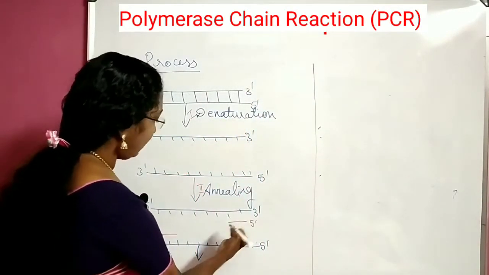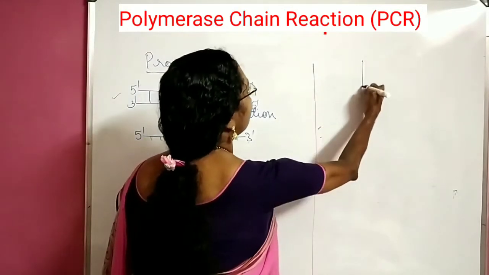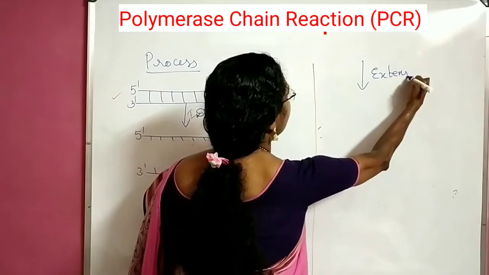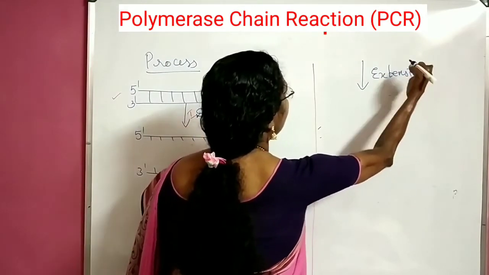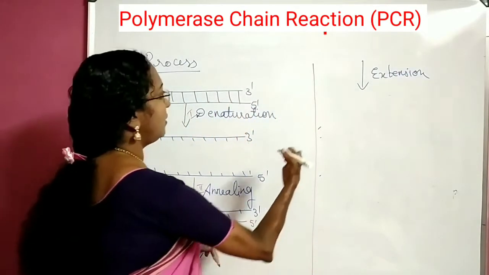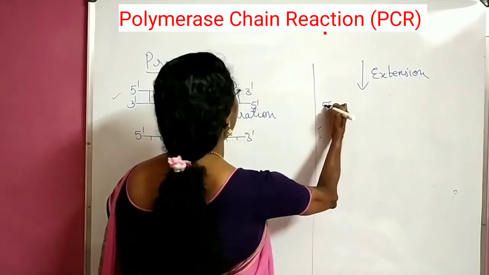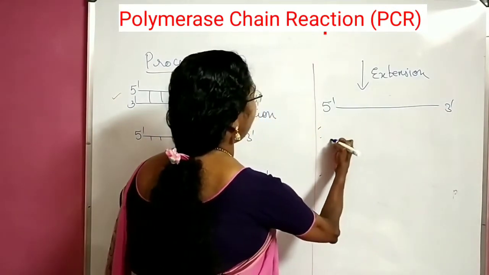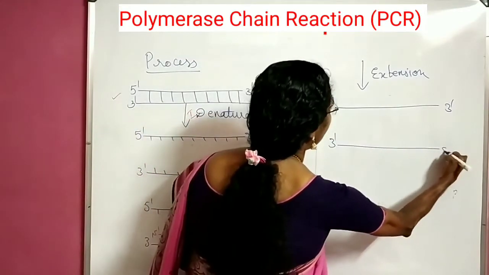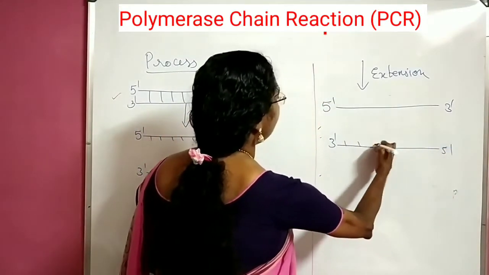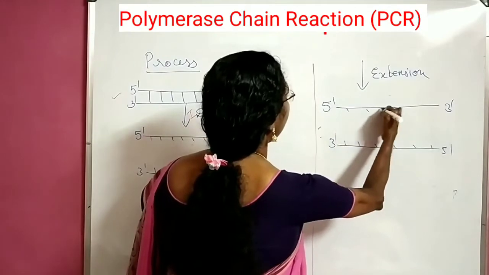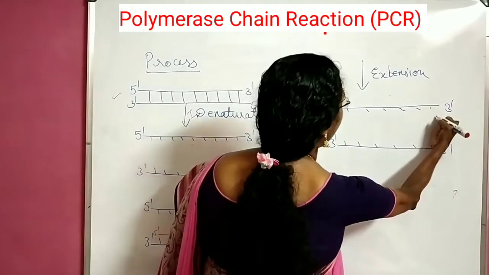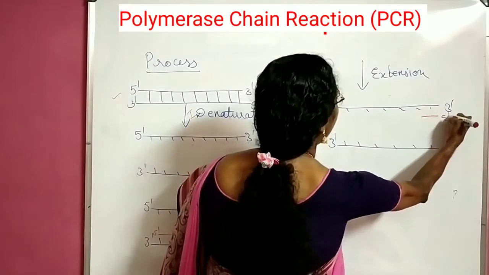Extension is done here using Taq DNA polymerase. First strand running from 5' to 3', second strand running from 3' to 5'. Both strands got separated in denaturation, and both strands at the 3' end are annealed with a primer.